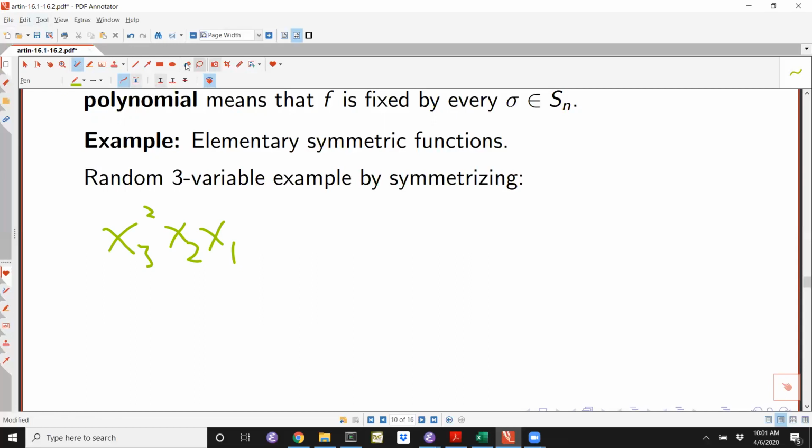I meant 3 variables, and somehow I said 4 variables. So Trent, I'm going to take the liberty of changing your 4 to a 1, and so I'm going to make this x1, x2, x3 squared.